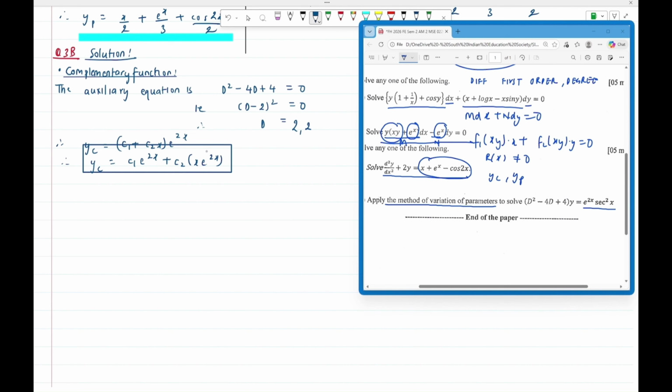Now from the complementary function, we need to extract the two other functions y1 and y2. So here we can say that y1 is equal to e raised to 2x, which is the multiple of c1, and then y2 is equal to x times e raised to 2x. Now moving further, we are going to find out the Wronskian of y1 and y2.